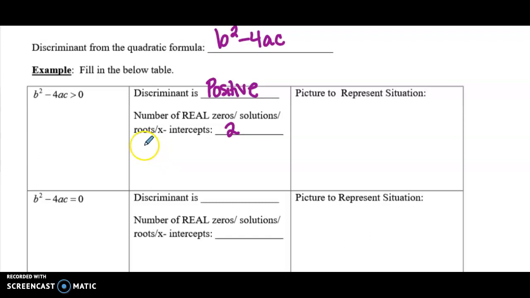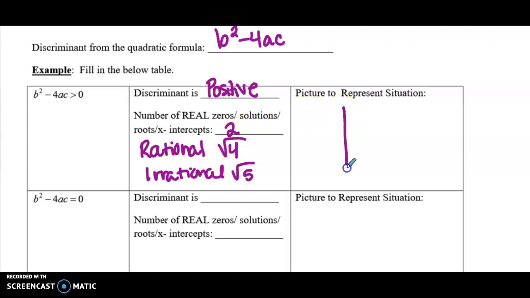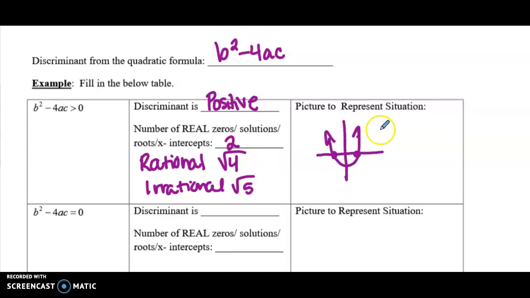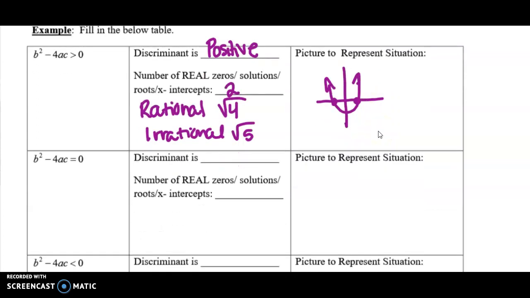So they're either going to be 2 rational solutions or 2 irrational solutions. Rational is going to be, remember, a perfect square, like the square root of 4. Irrational is going to be not a perfect square, such as the square root of 5. So it's going to be where it crosses the x-axis. It's going to have 2 solutions, 2 x-intercepts, 2 zeros to make your equation true.